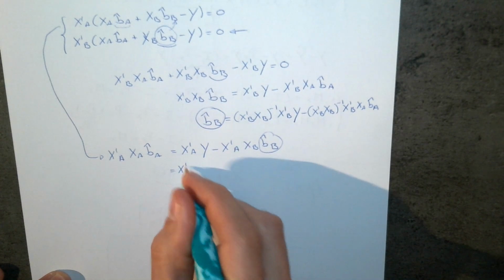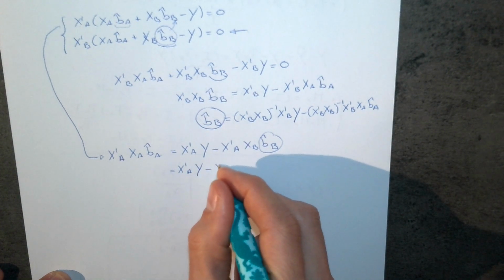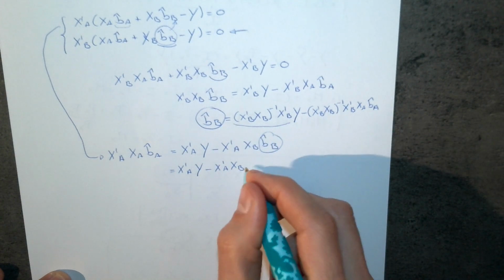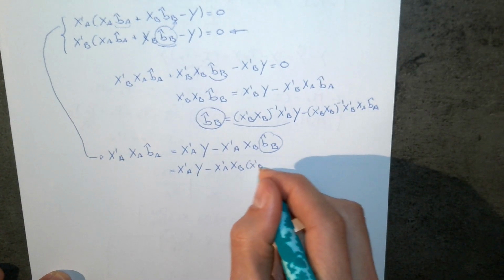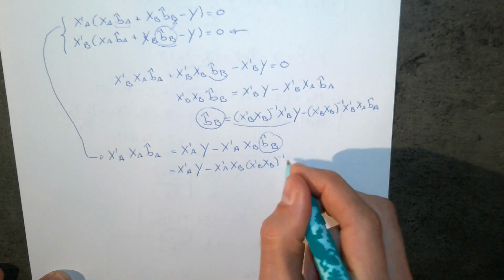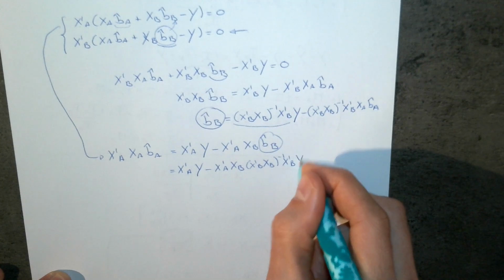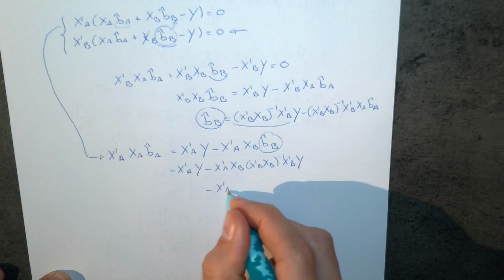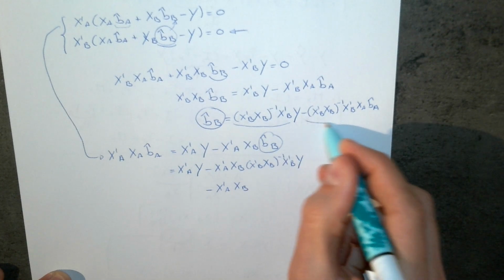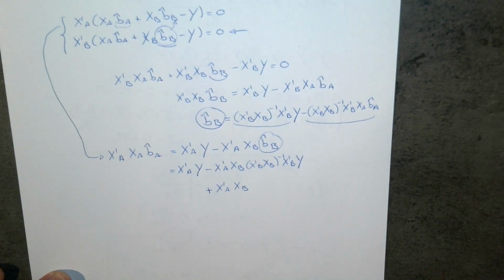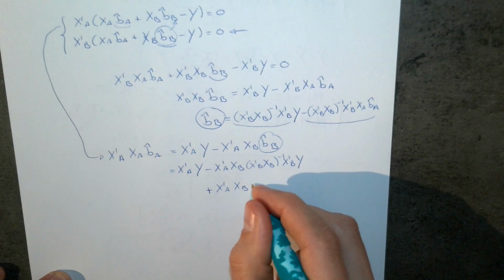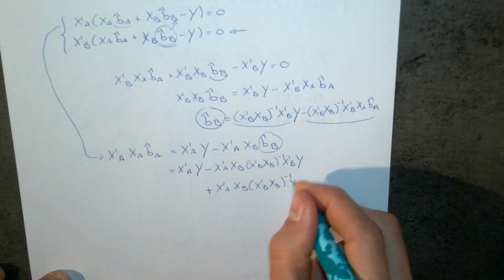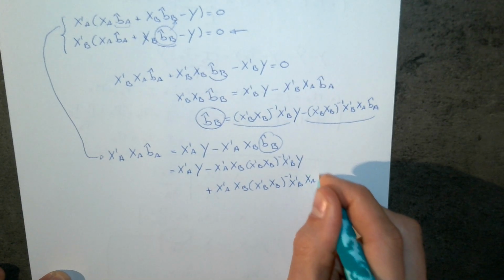So we're going to have a long derivation here, minus x prime a xb, and then here this first term, which is (x prime b xb) inverse x prime b y, and then the second part is x prime a xb times this with minus sign, so this becomes a plus, (x prime b xb) inverse x prime b xa b hat a.